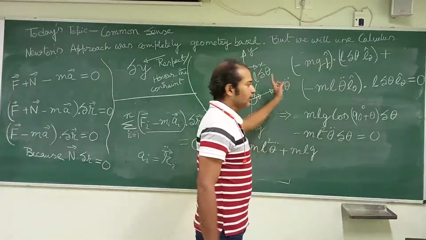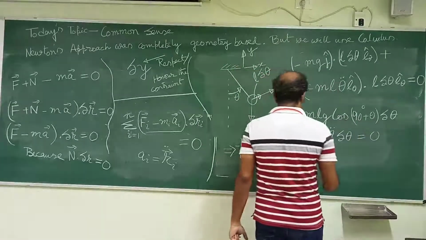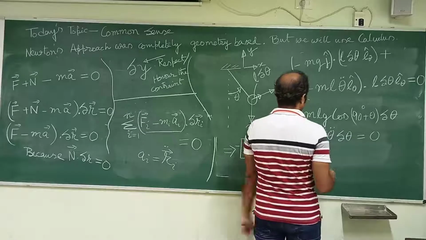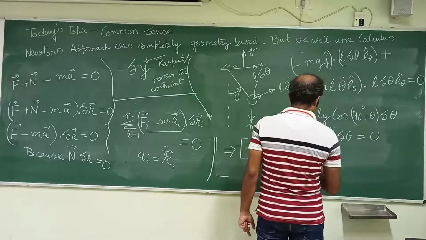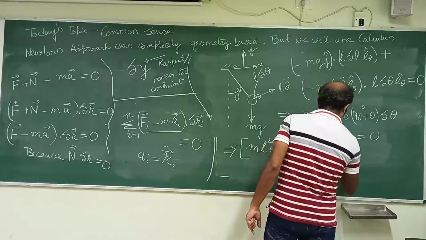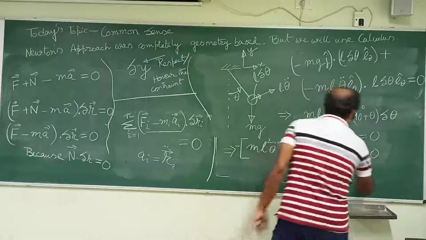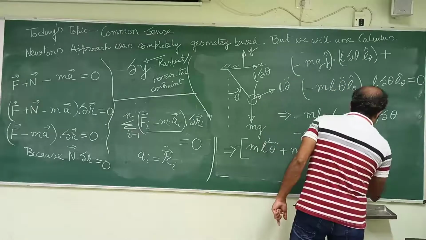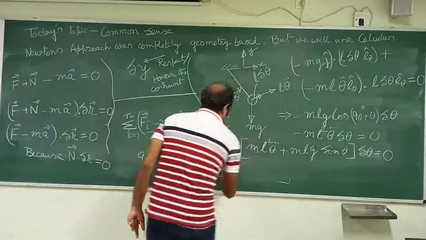Otherwise it would be opposite if I choose cos of 90 degrees minus theta. So the minus takes care of itself: m L g sin theta is equal to 0 times delta theta.